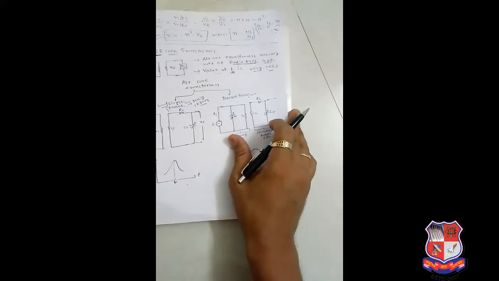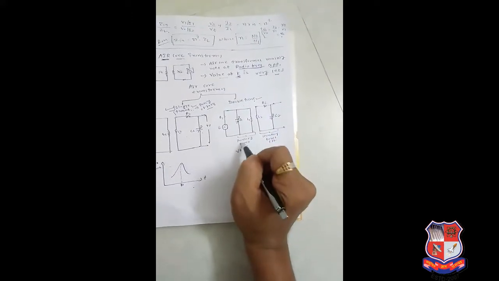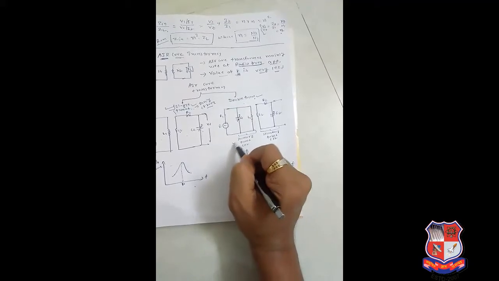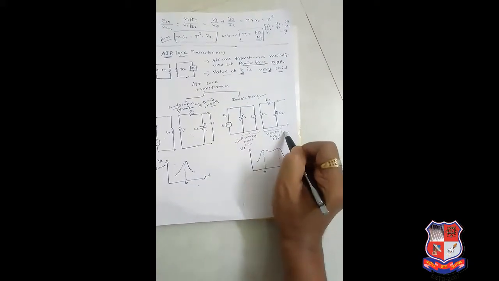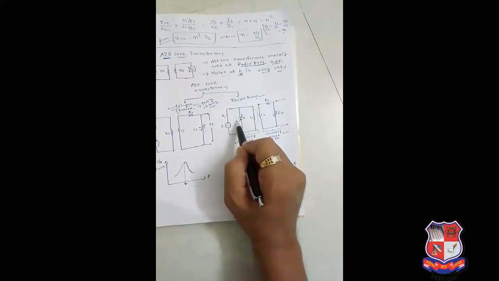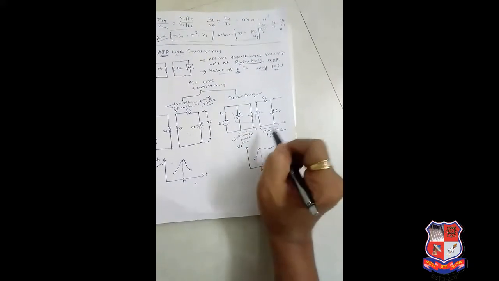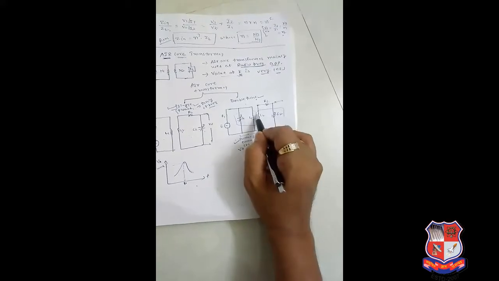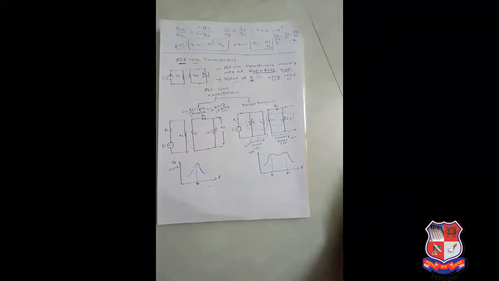Now let's discuss the double tune. Double tune means there are two tuning circuits, one at the primary side and another at the secondary side. At the primary side we have one LC tank circuit, and at the secondary we have another tank circuit. So we have two tank circuits. That's why it is called a double tune circuit.